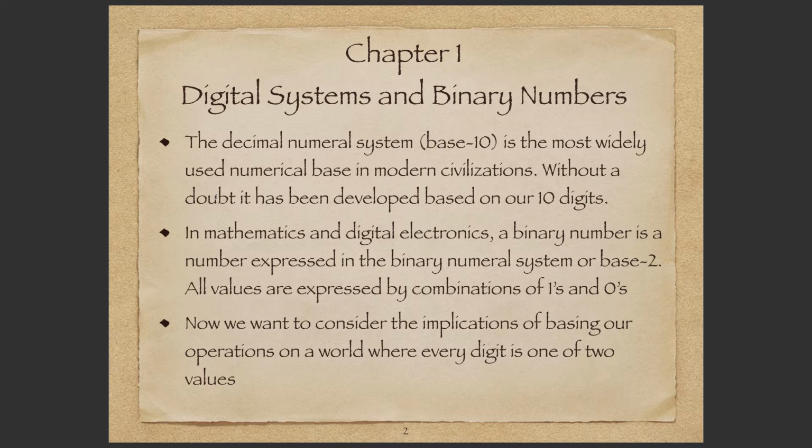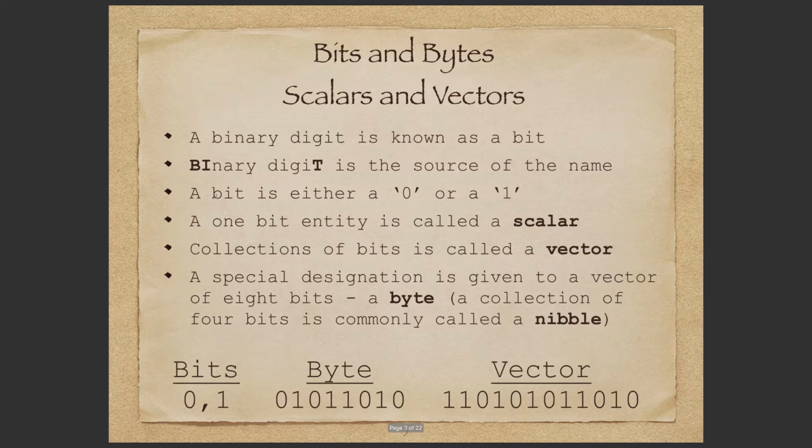So our world is going to be built around a collection of transistors that will be able to produce one or more binary values. Some of the terminology we want to get out of the way is that a bit is what we refer to as a single binary digit. Sometimes we could refer to it as a 0 or a 1. When we talk about 1 bit, we call that a scalar.